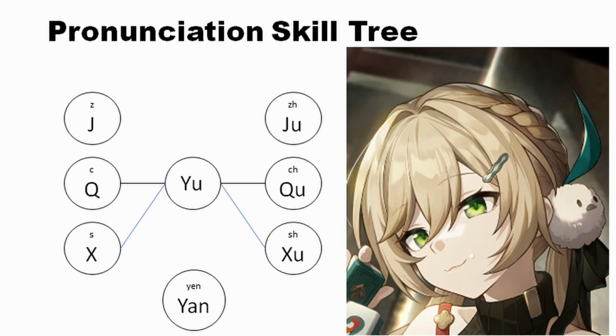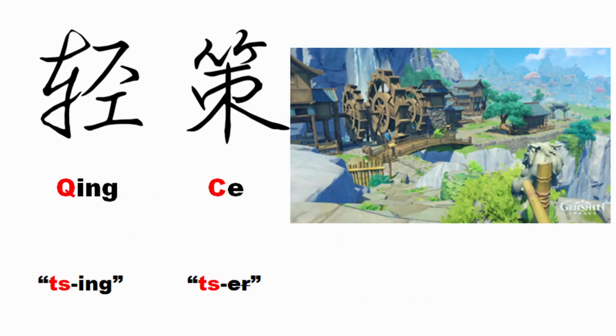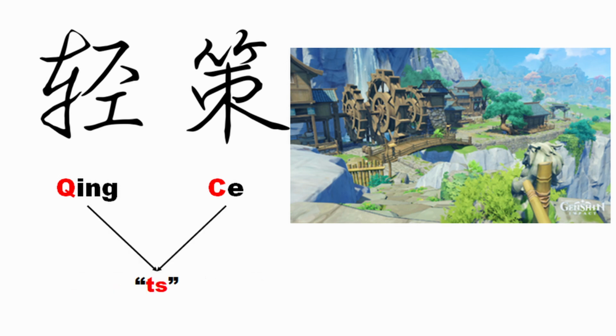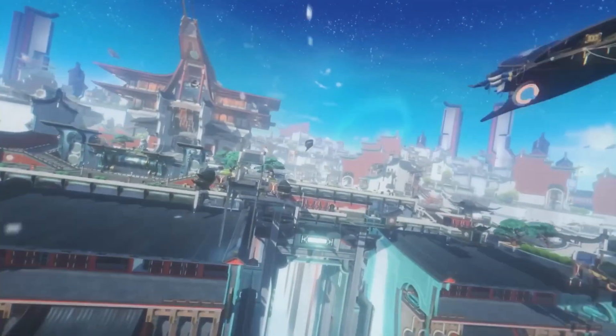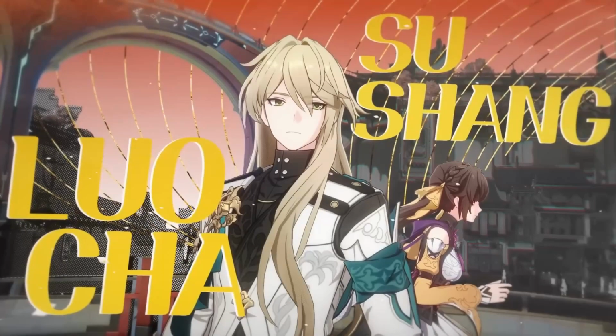To elaborate on this point, there is another place in Liyue that makes use of this TS sound in both Q and C at the same time, Qingce village. This brings us to topic 3. Why did Pinyin separate the sound into two possible alphabet representations? Although I'm not very sure as to the reason, some examples come to mind.